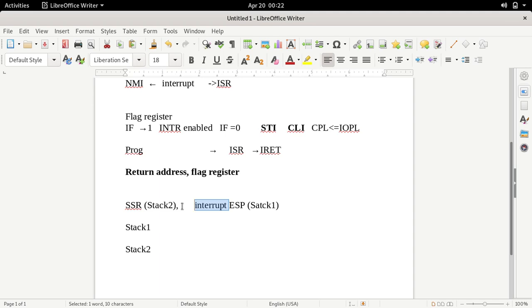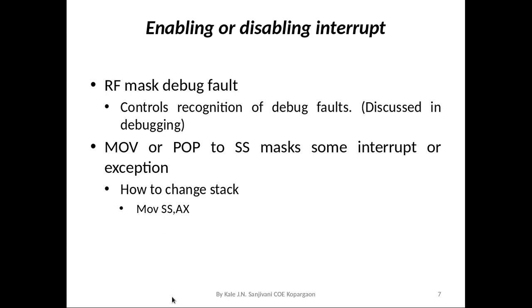But do we have a valid stack here? No, right? Because SSR is pointing to stack 2 and ESP is pointing to the element which is present at the top of stack 1.